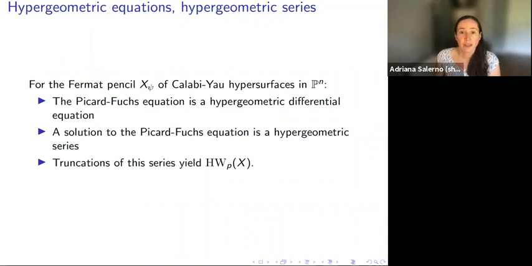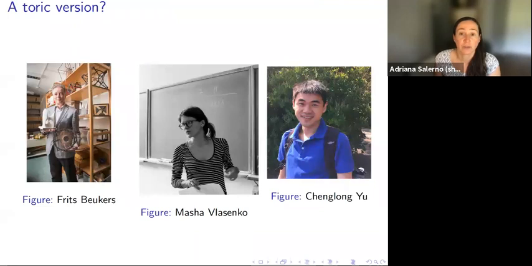Okay, so now we're starting to see, hopefully, that there's some connection between the Picard-Fuchs equation that we were talking about at the beginning and this nice point counting fact or function. And so one question is, can we do this over toric varieties, right?